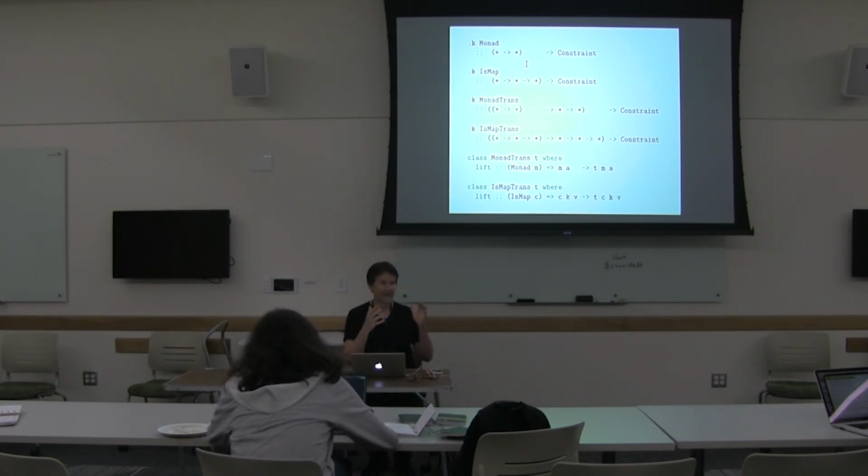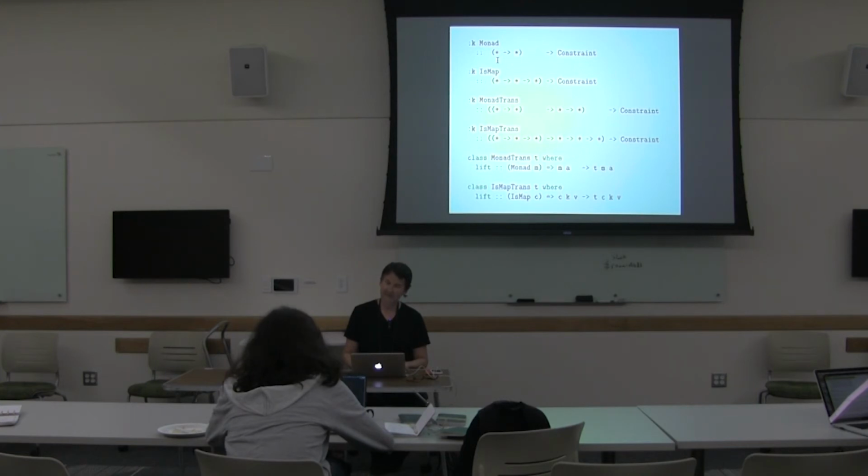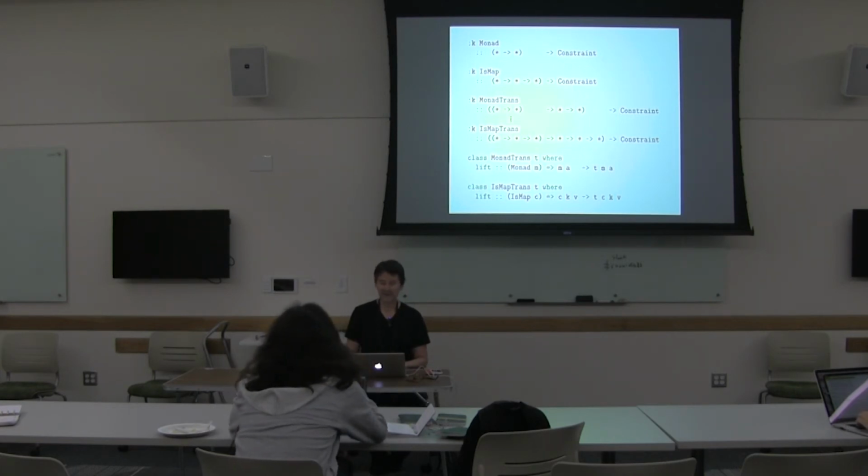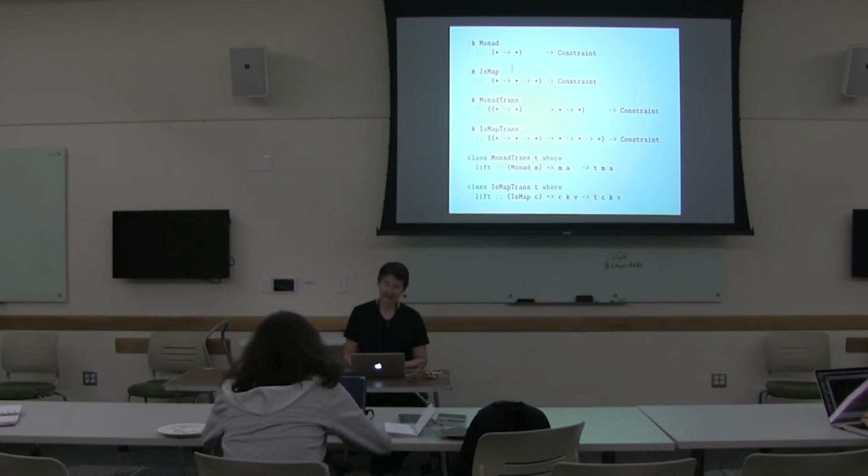Now we're going to look at the kind of monad, and it says, given a type level function of type to type, it's going to return a constraint. So we're going to build something similar that says, given all three type level parameters of the map, we're going to return a constraint.